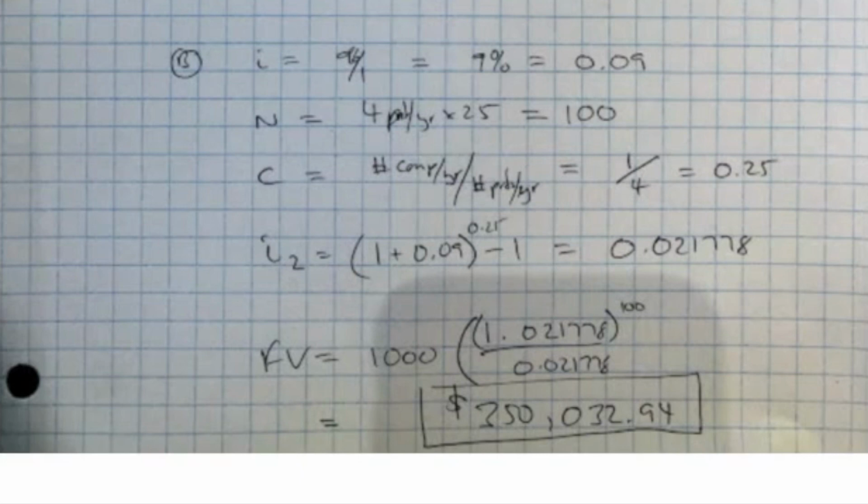If we look at the second scenario where it's only 9% compounding once, the total value of that is $350,329.4. So you can see that this multiple compounding adds almost $21,000 worth of difference to the two. But this is effectively how you calculate those.